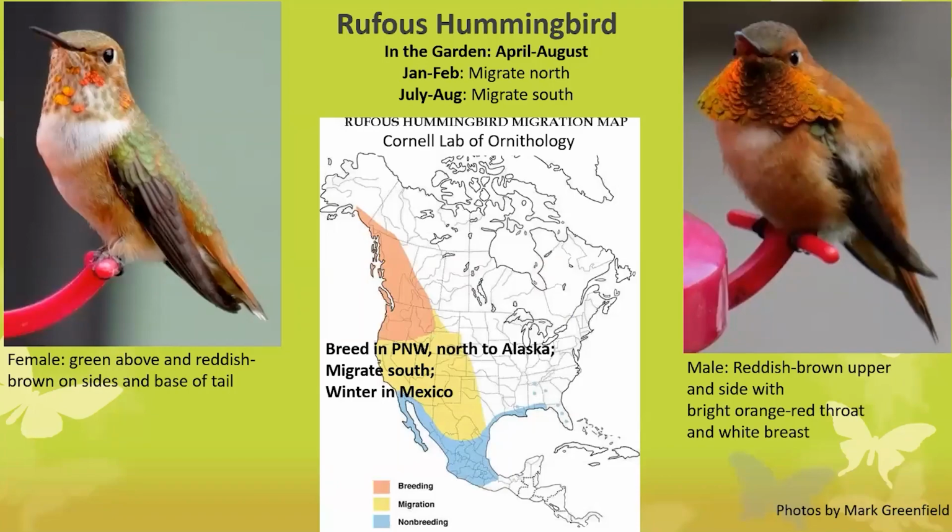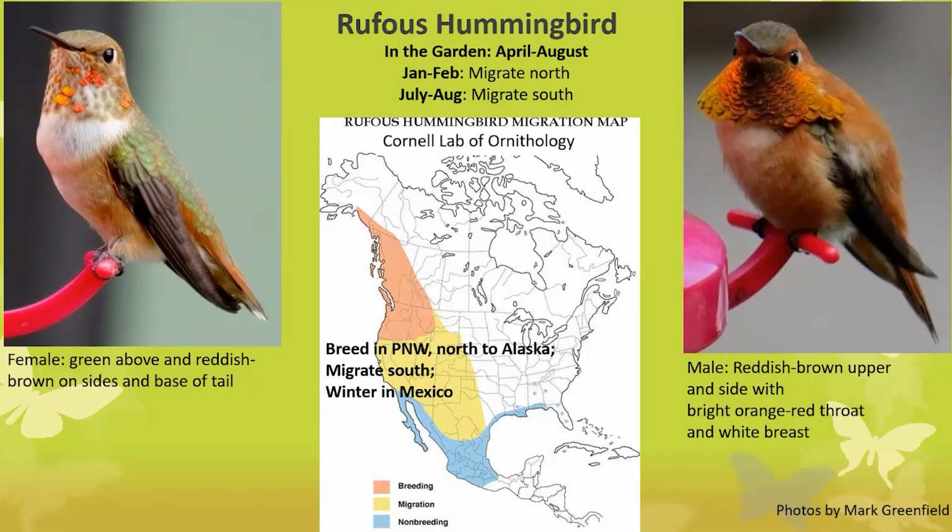The 2 kinds of hummingbirds that are most common in the Portland metropolitan area are Rufous and Anna's. Rufous got its name from the reddish-brown upper and side feathers and the bright orange throat in the male. You can see some of that reddish color in the edge and the base of the tail in the female.